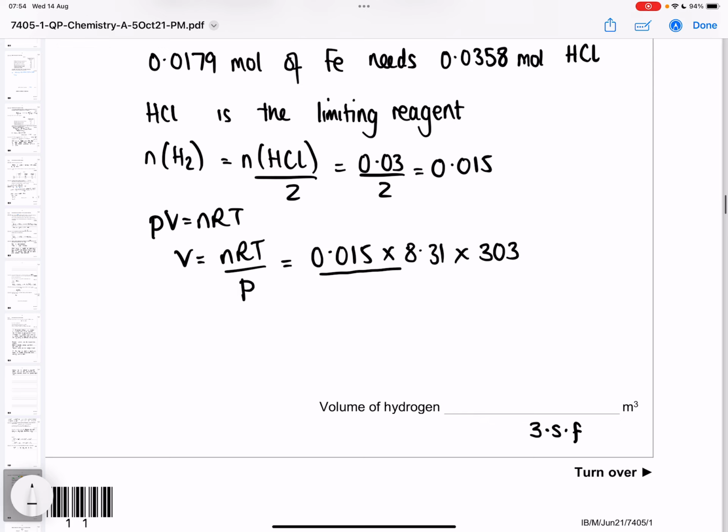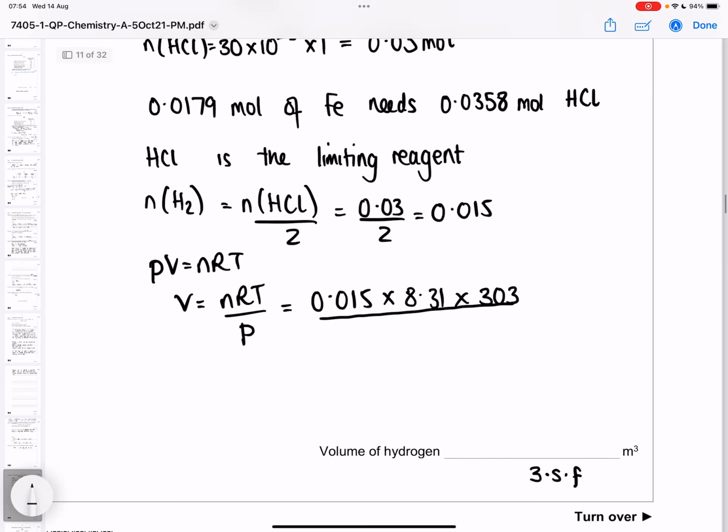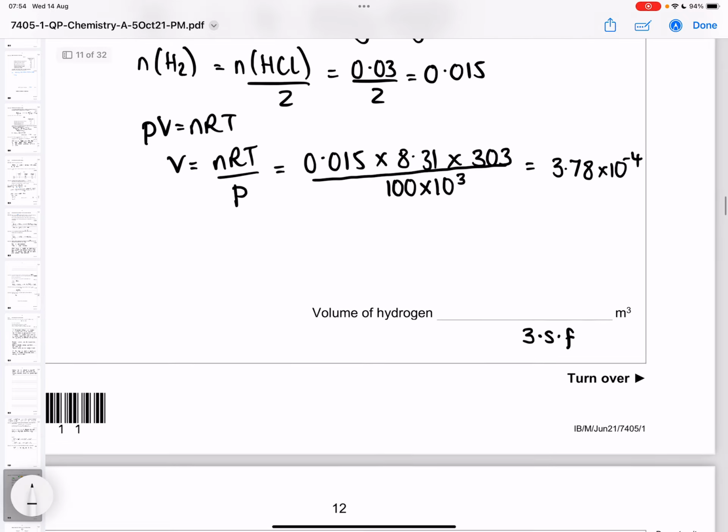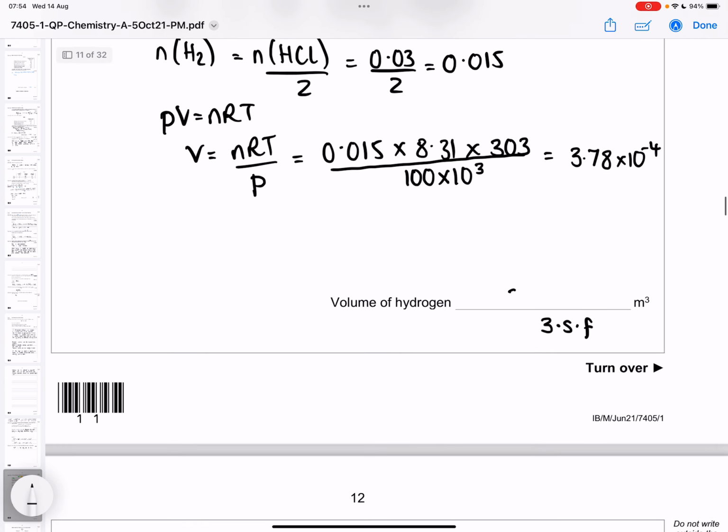And then we want to divide by the pressure, which was 100 kilopascals, but we need it in pascals, remember, so times 10 to the 3. Put all that in our calculator and we'll get 3.78 times 10 to the minus 4 to 3 significant figures. And that is already in metres cubed. If we had wanted that in centimetres cubed, it would have been 378.